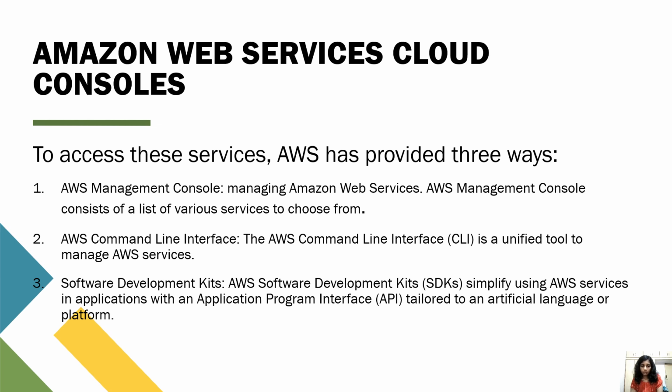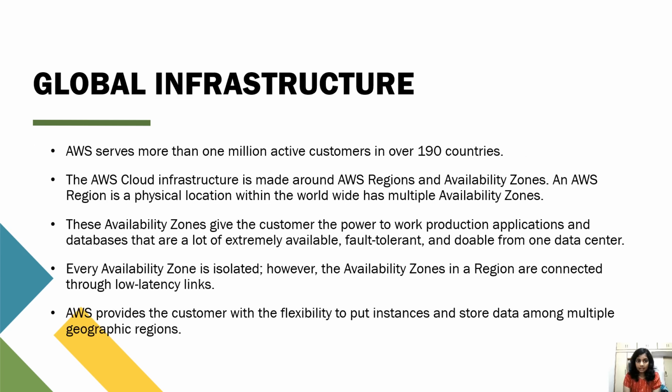Then Software Development Kits. AWS Software Development Kits simplify using AWS services in applications with an application program interface tailored to a programming language platform. AWS serves more than 1 million active customers around 190 countries.